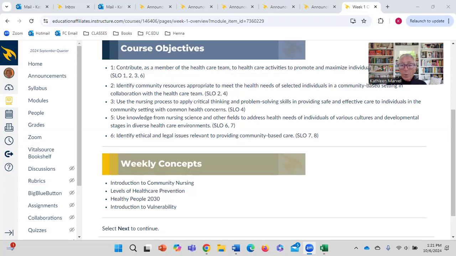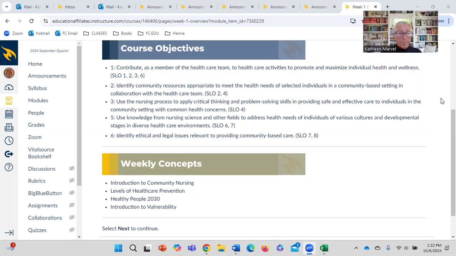Okay, so if you would take a moment to take a look at the course objectives for this particular week. Contributing as a member of the healthcare team to healthcare activities to promote and maximize individual health and wellness.